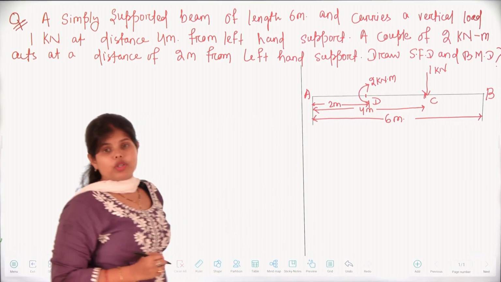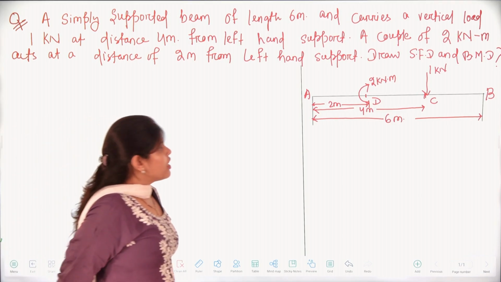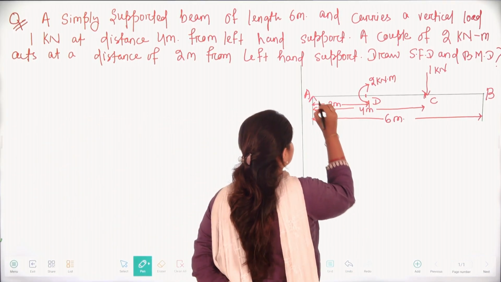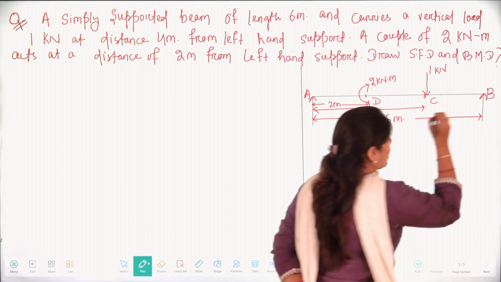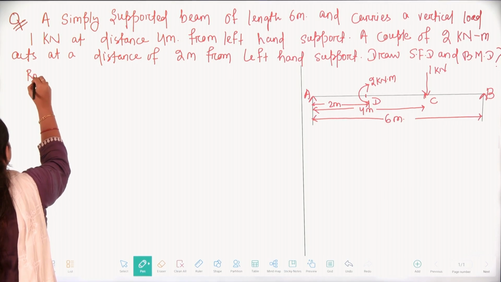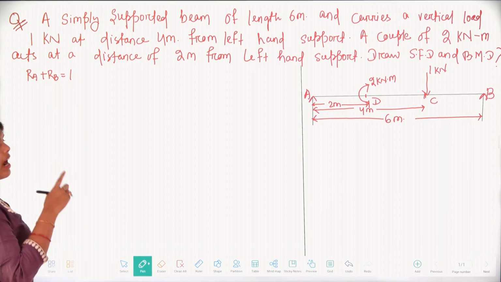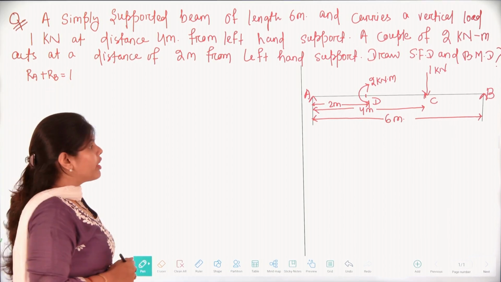Okay. So we know that reaction forces will generate at the end supports. So we have RA and RB reaction forces. RA plus RB equal to 1 as the vertical load is 1 kilonewton.